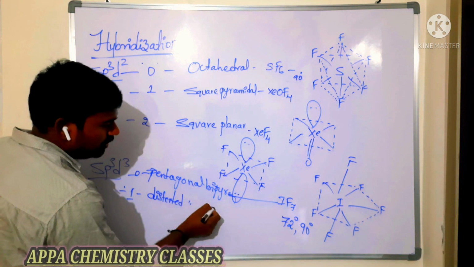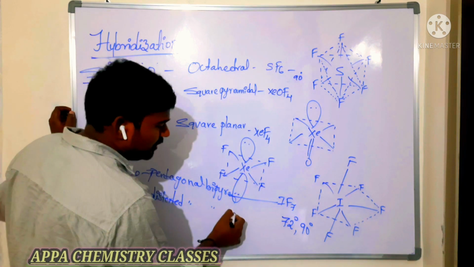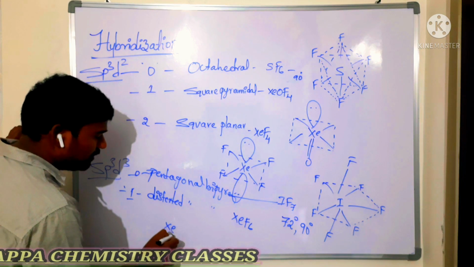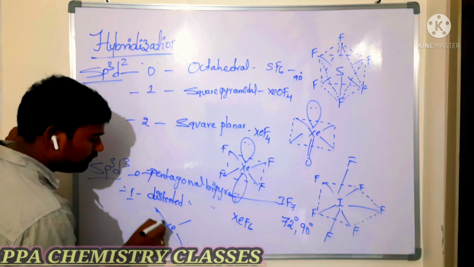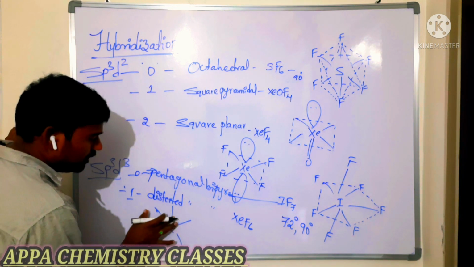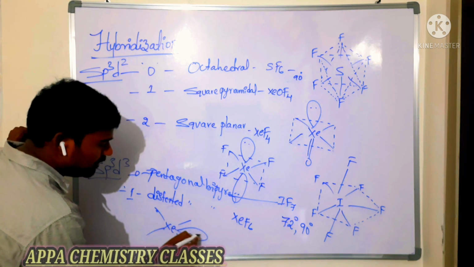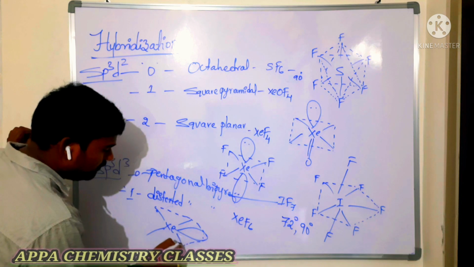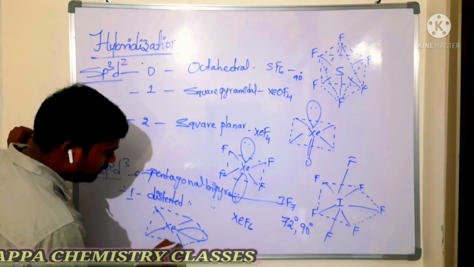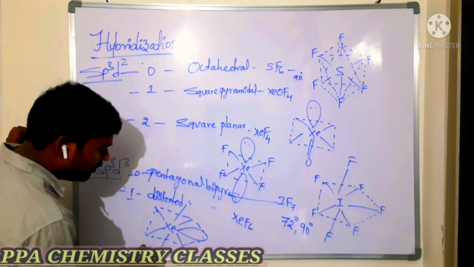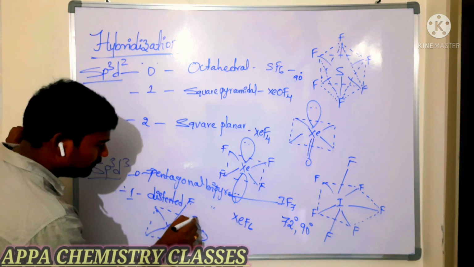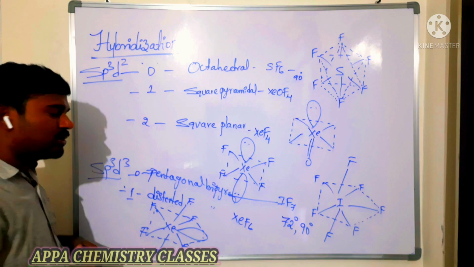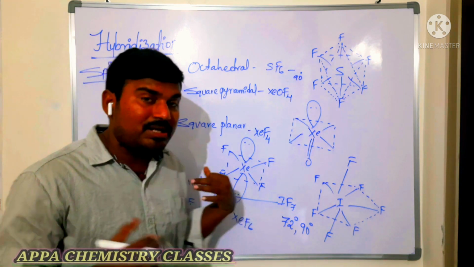That lone pair is occupying a position within the pentagon, and the 2 more bonds are occupying here. So this is the XeF6 structure, distorted pentagonal bipyramidal. Is that clear?